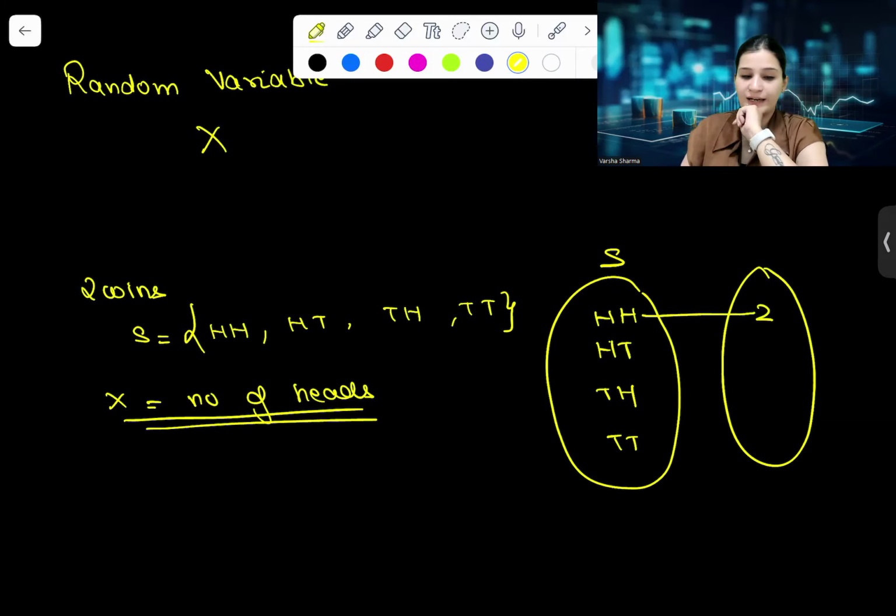We have variance of x. There are two formulas. One is x minus mean whole square. Instead of mu, we could have also written E of x. Mu and E of x are same.